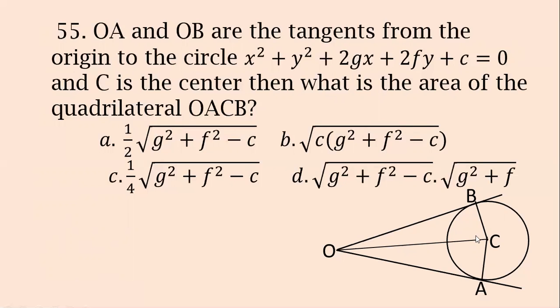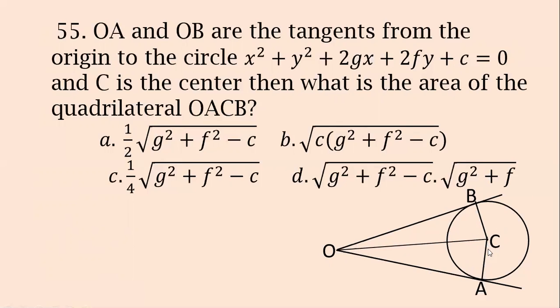So here we can do one thing. These two triangles, OAC and OBC, are congruent. So if we can find out the area of one triangle, then we can multiply this by 2. Then we can find the area of the total quadrilateral.